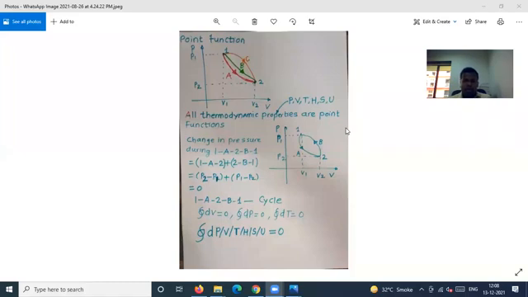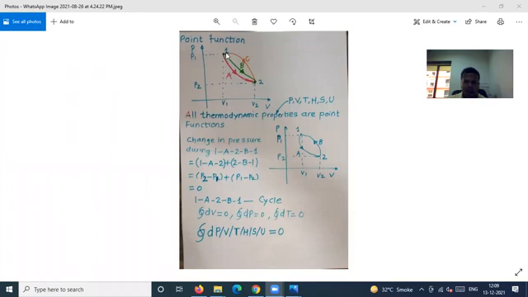Now let us understand what we mean by point function and what is path function. Let us consider point number 1, which is the initial state, where I have pressure P1 and volume V1.